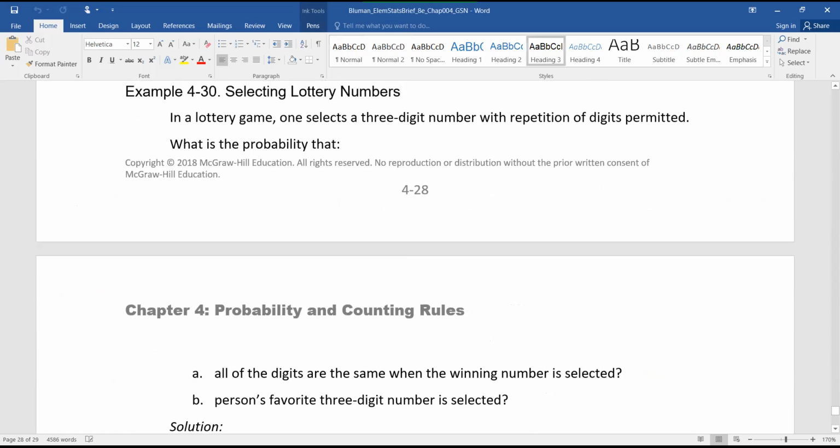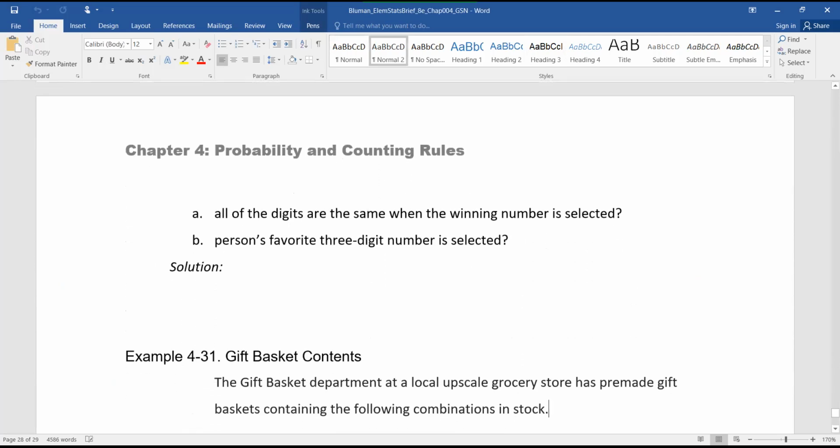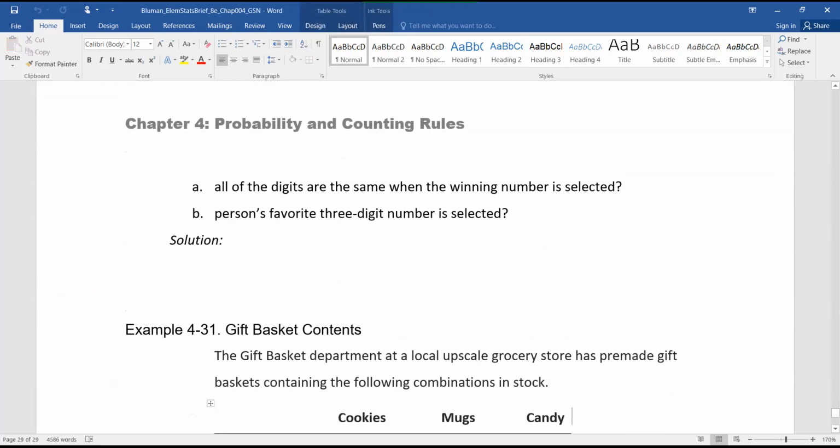All right, so on this one, it is the lottery numbers. In a lottery game, one selects a 3-digit number with repetition of digits permitted. What is the probability that all the digits are the same when the winning number is selected? So we're looking for a probability.